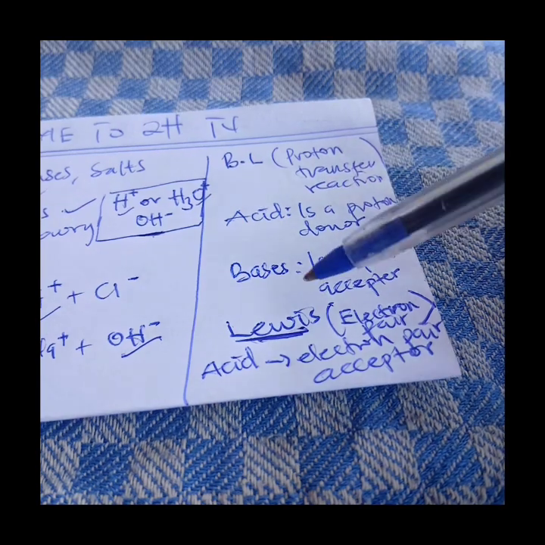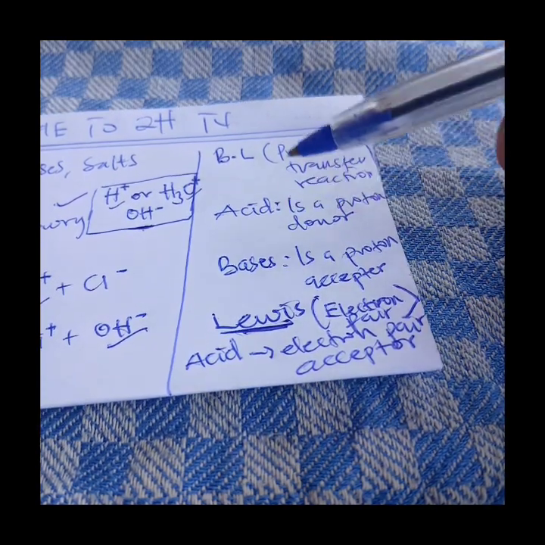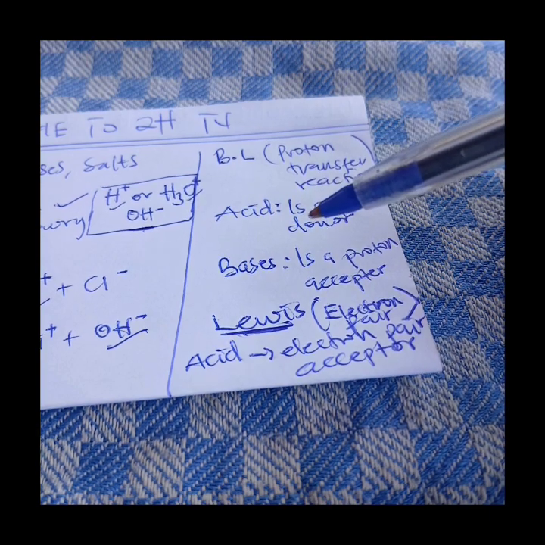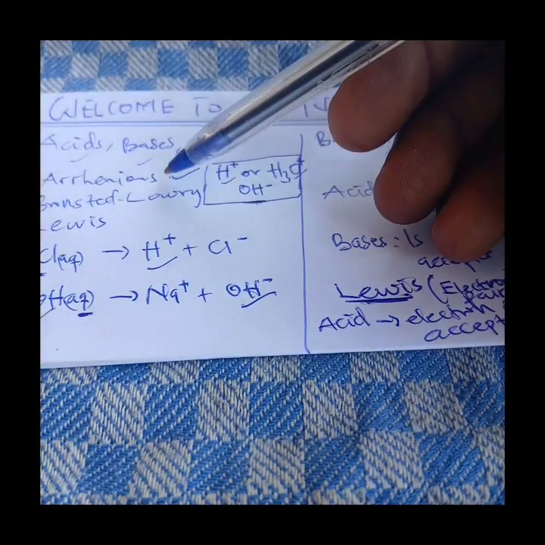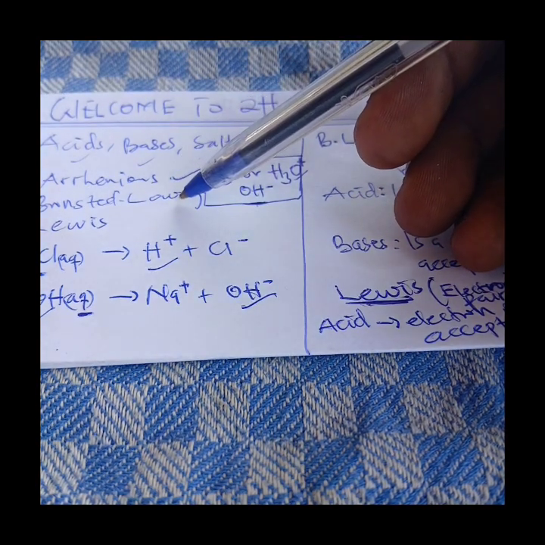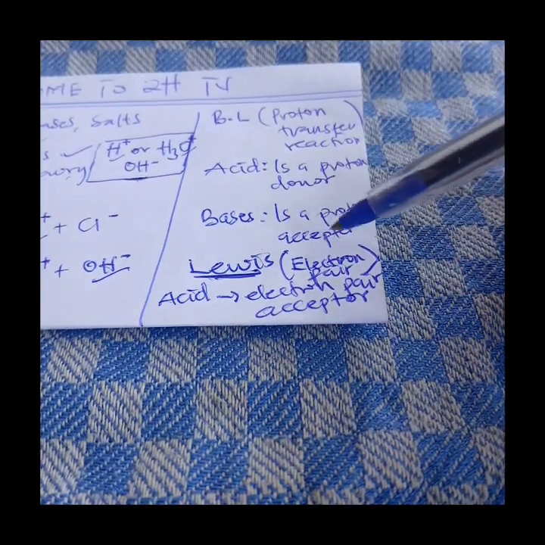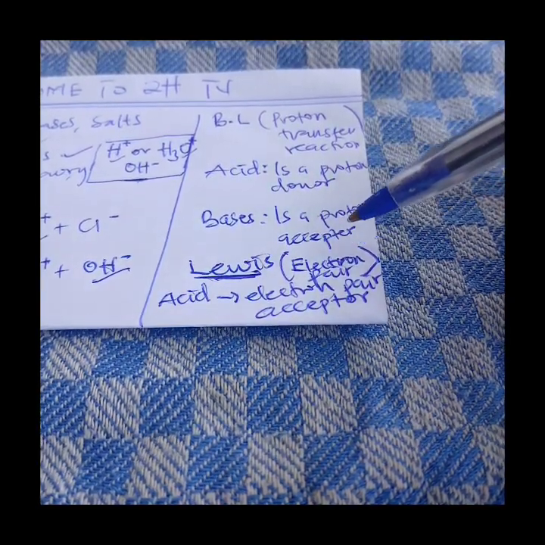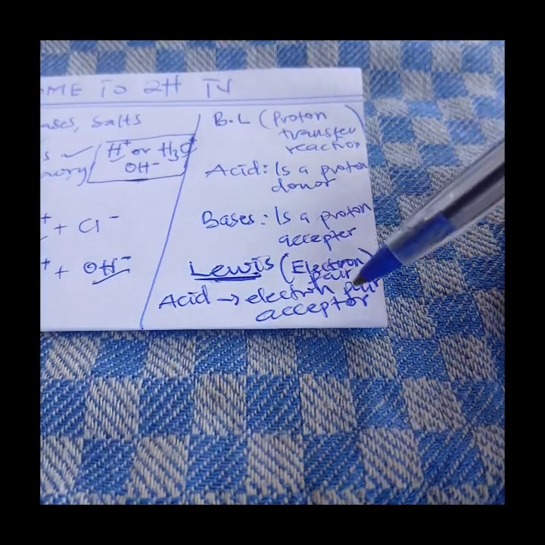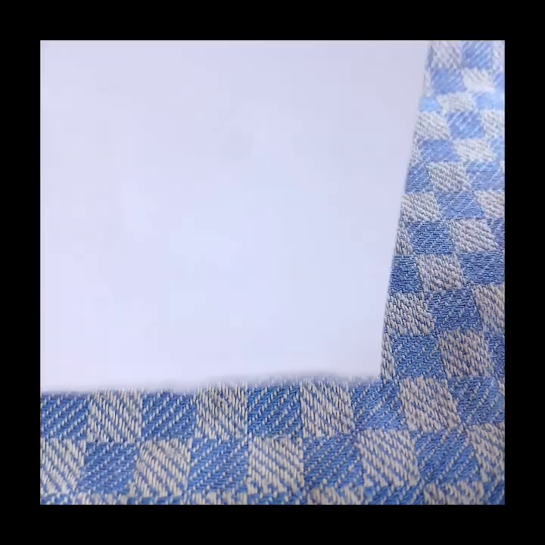If it's able to accept a proton, then it is termed Bronsted-Lowry base. Then Lewis also realized that there are some substances that have acidic and basic characteristics but are not covered by the Arrhenius definition and the Bronsted-Lowry definition of acids. So he based his definition of acids and bases on the concept of electron pair. Once a substance is able to accept an electron pair, then that substance is termed an acid.